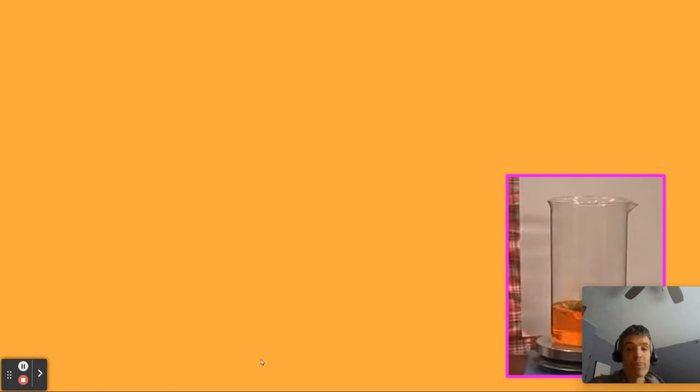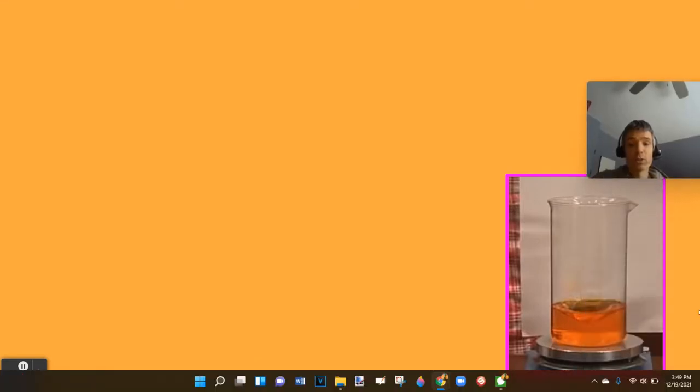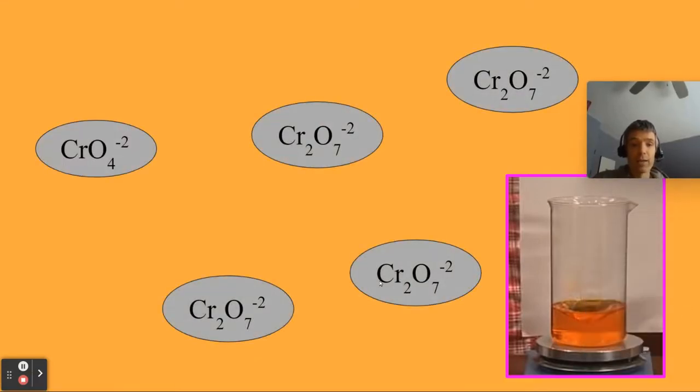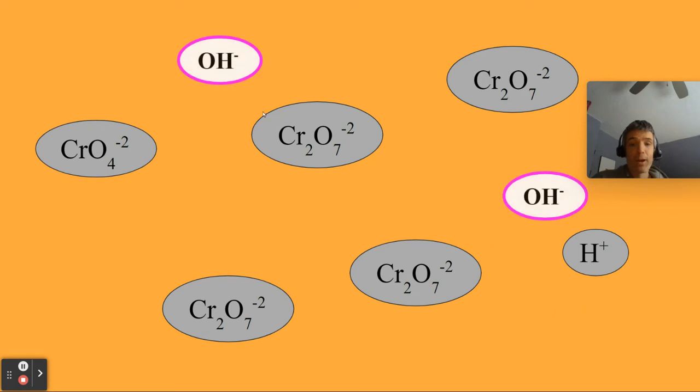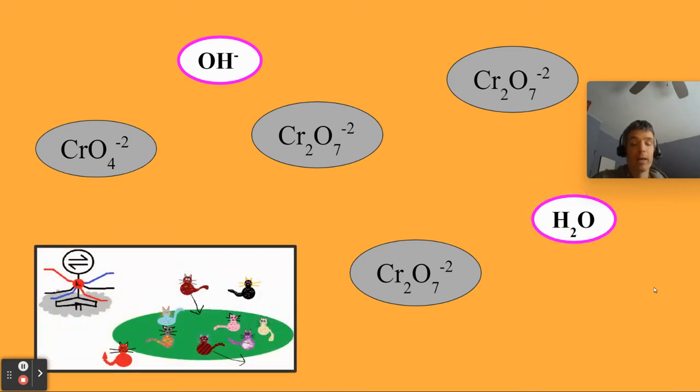All right. So here's what the solution looks like. It has all these ions. These are the ones that make it orange. All right. And then I add some hydroxide. What does the system do? It makes water. All right. And then if it lost some of its H here, it needs to replace it.